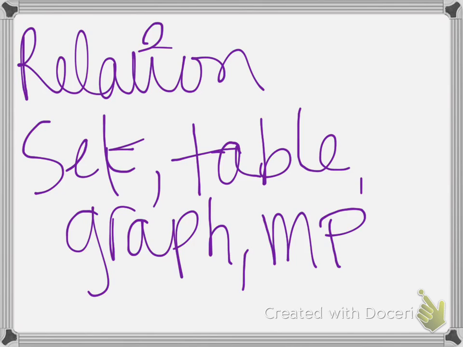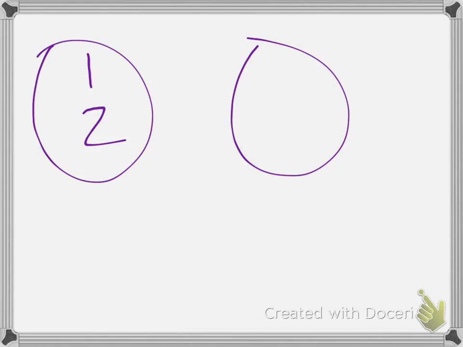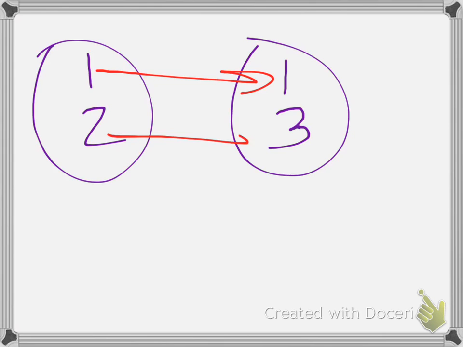And then we talked about determining whether or not something was a function. Something's a function when we have elements from the domain that are paired with one and only one member in the range.